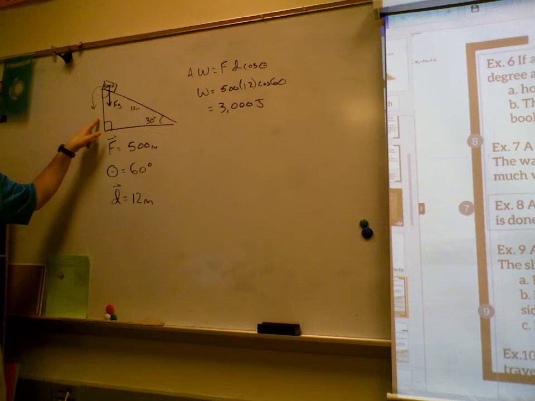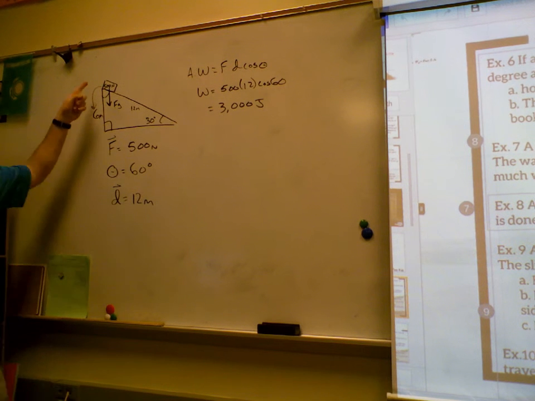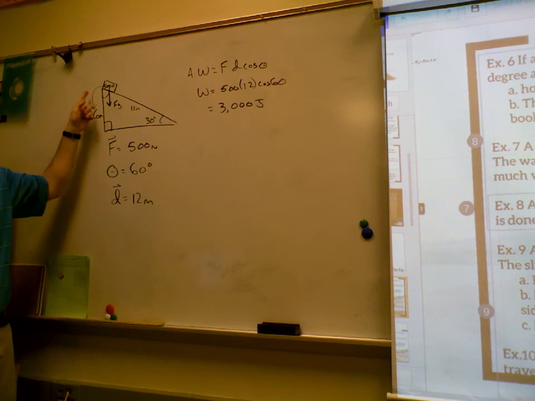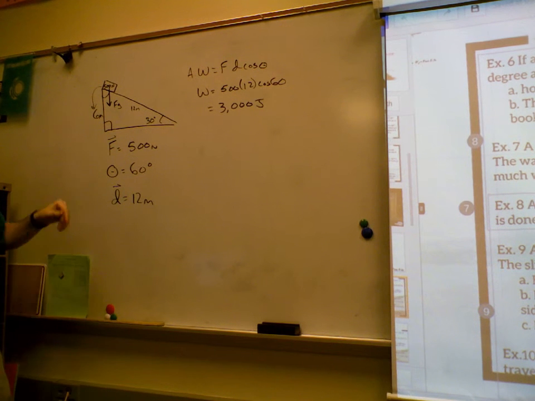So in the second one, Kevin's saying all he did for part A was he just looked at part B and said, well, it's 6 meters down. Right? So how much of the displacement is parallel to the force? 6 meters.